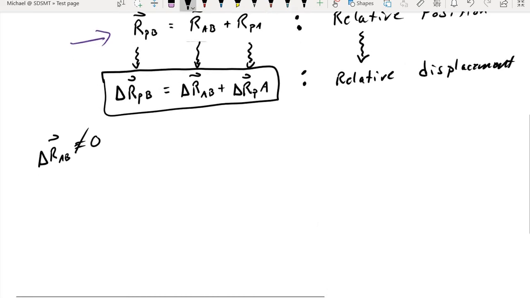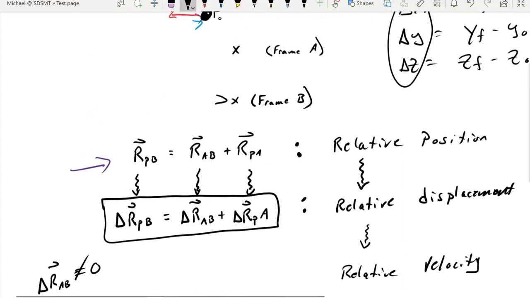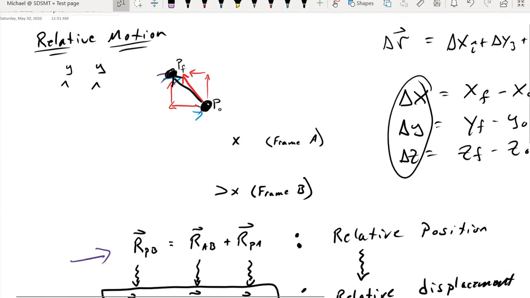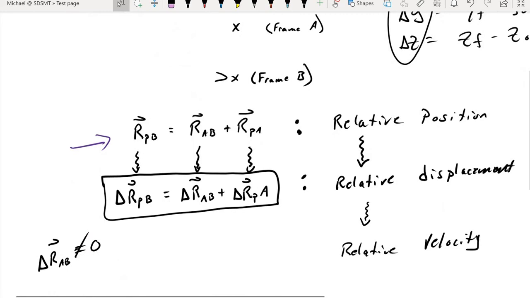And if that's the case, the next definition in line after displacement would be velocity. So as this particle has moved through space, if we time the displacement, we will get velocity.